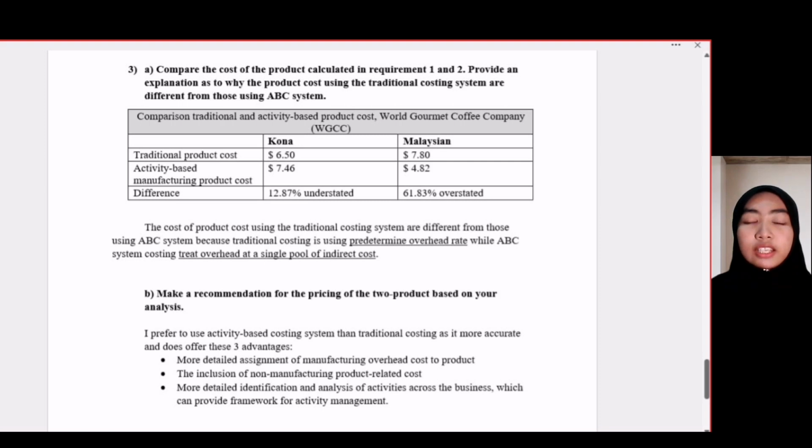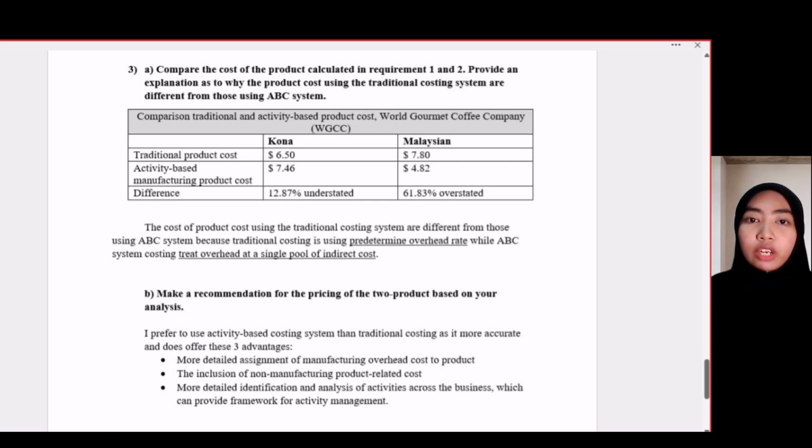Okay, next, this is the third question. Compare the cost of the product calculated in requirements 1 and 2. Provide an explanation as to why the product costs using the traditional cost system are different from those using the ABC system. Okay, this is the cost that we get from the calculation above. For Corners, the traditional cost is $6.5, Malaysian $7.8.